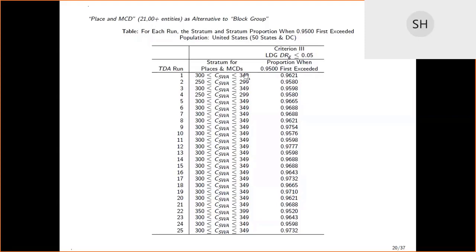In the first run, we first see 0.9621 as a proportion, and it occurs with this stratum, 300 to 349. The second run, we first see 0.9580, and it occurs with this stratum, 250 to 299. And you see the results from the 25 runs.